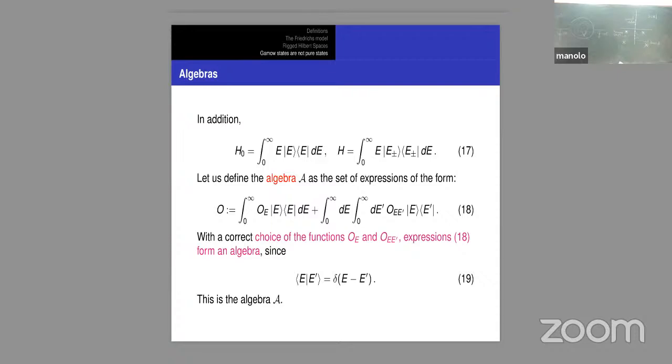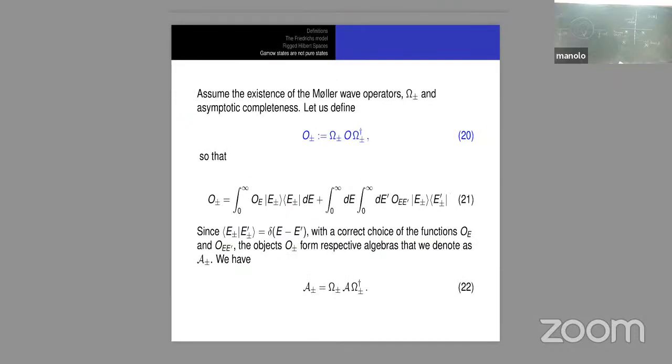But the point is that the free Hamiltonian and the total Hamiltonian always have some kind of spectral decomposition, and this spectral decomposition can be extended to some other types of observables. And the point here is just to define the states over this algebra of observables.